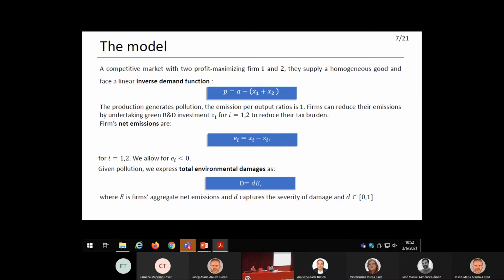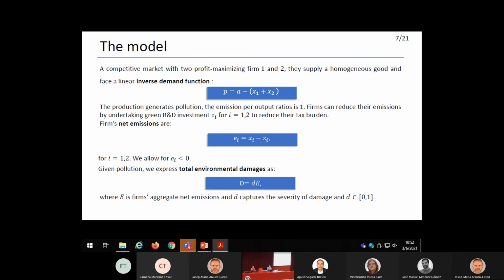The environmental damage depends on the accumulated emissions, so for current emissions, maybe the environmental damage can be the same. I think that in this case the model can be simpler, and it can be easier to synthesize all the results that you have. You have many combinations of results depending on the parameters and depending on the rules. Maybe. Okay?